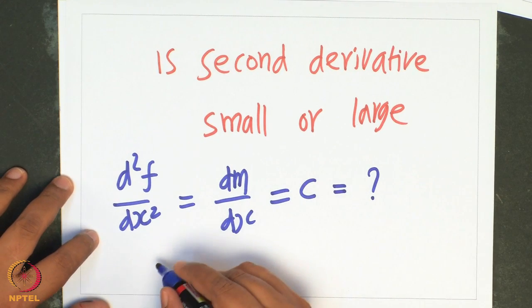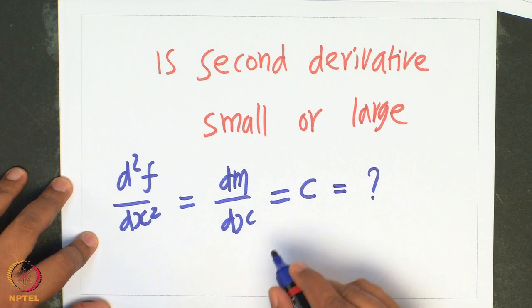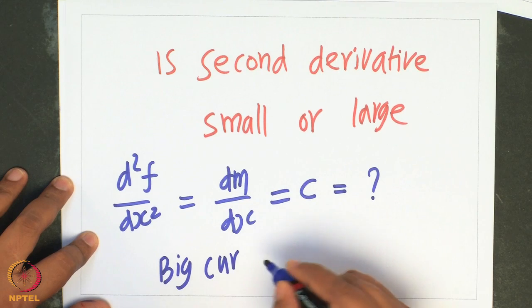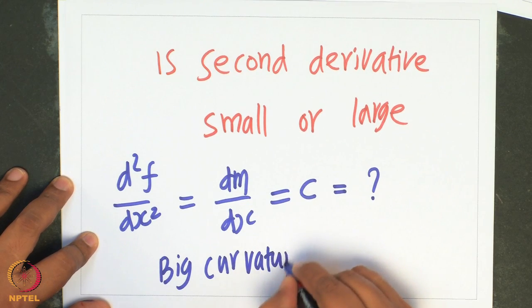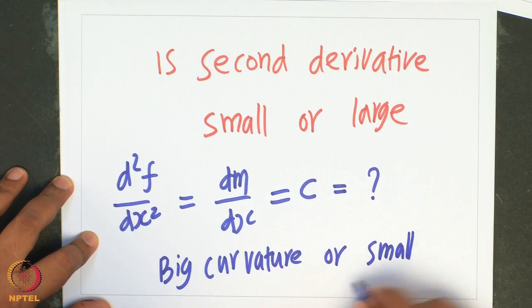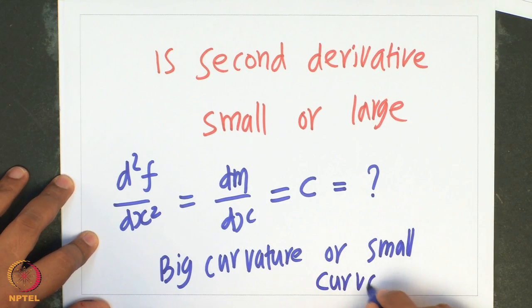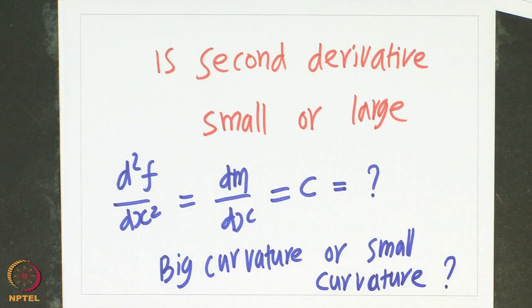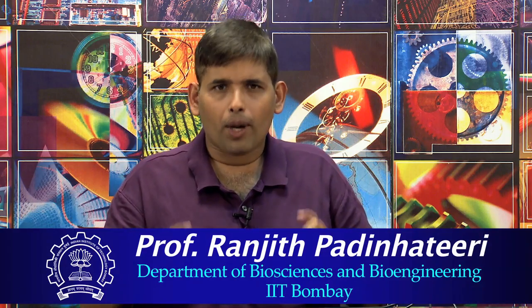This would tell you whether it is curved a little bit, a big curvature or a small curvature. This is something we want to know very often in biology, and using the language of mathematics, we would learn this curvature and how to compute it. So we would now go ahead and learn how to compute the curvature.